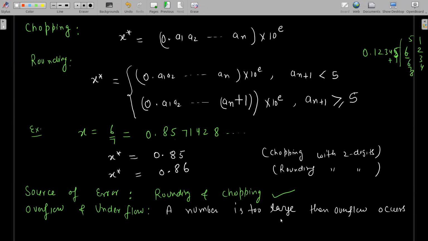And on the other hand, if a number is too small, then underflow occurs. अंडरफ्लो का तो कोई दिक्कत नहीं है, ओवरफ्लो की दिक्कत है बस.